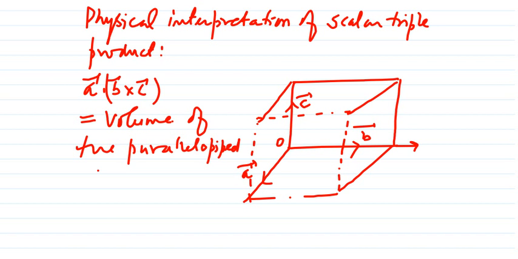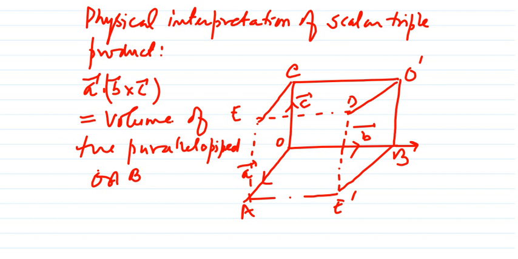We can say that this is A, this is B, this is C, this is O dash. So O, A, you can say this is B, this is E, so E dash.